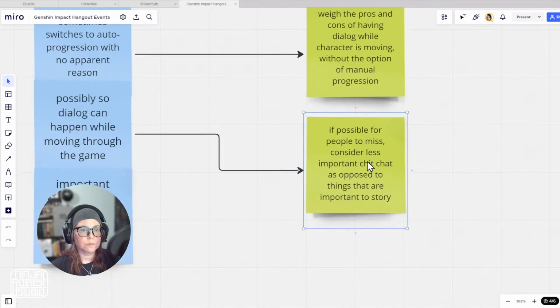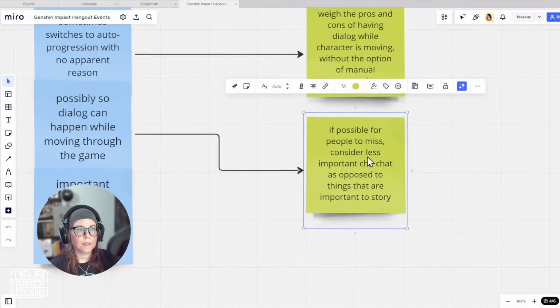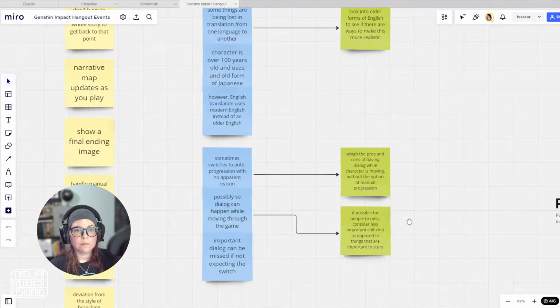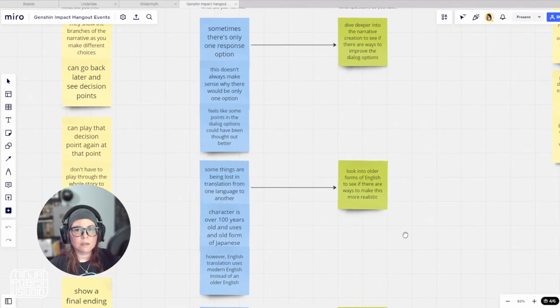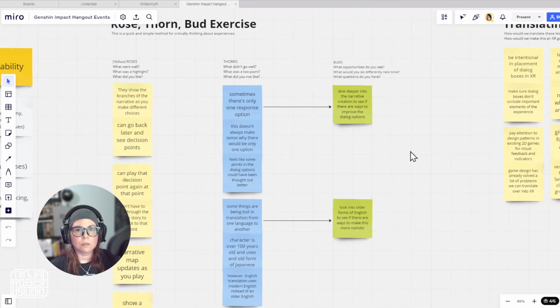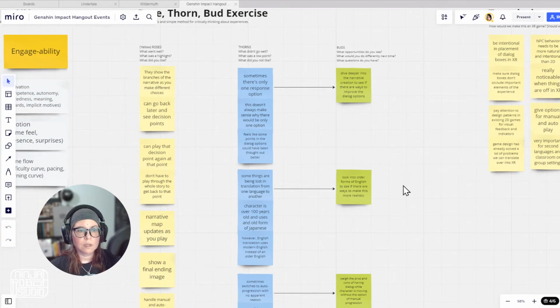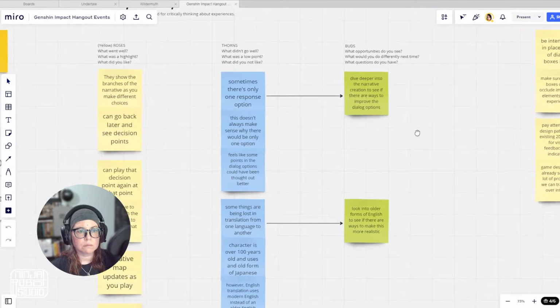And if it's possible that somebody's going to miss something important, don't put that in that dialogue that's moving. Let that be extra stuff that enhances the depth of it, but it's not important dialogue that's going to affect their understanding or outcome.